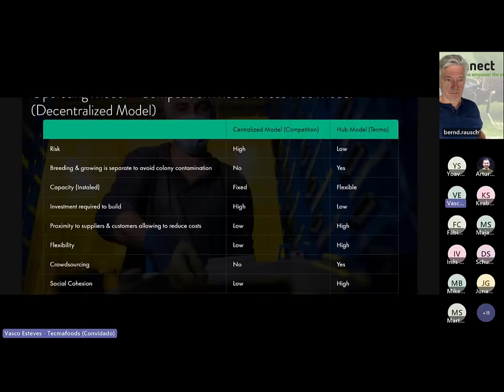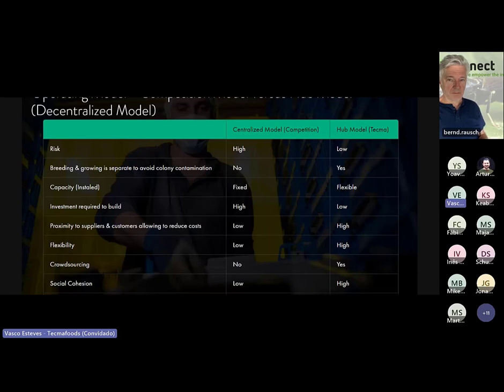We believe there are 2 approaches for insect production: centralized, with some characteristics, and decentralized, which is our hub model. For me, the most important part is the investment risk. Since the farmers buy the units from us, it's a way to capitalize the company and share risk with the farmers.